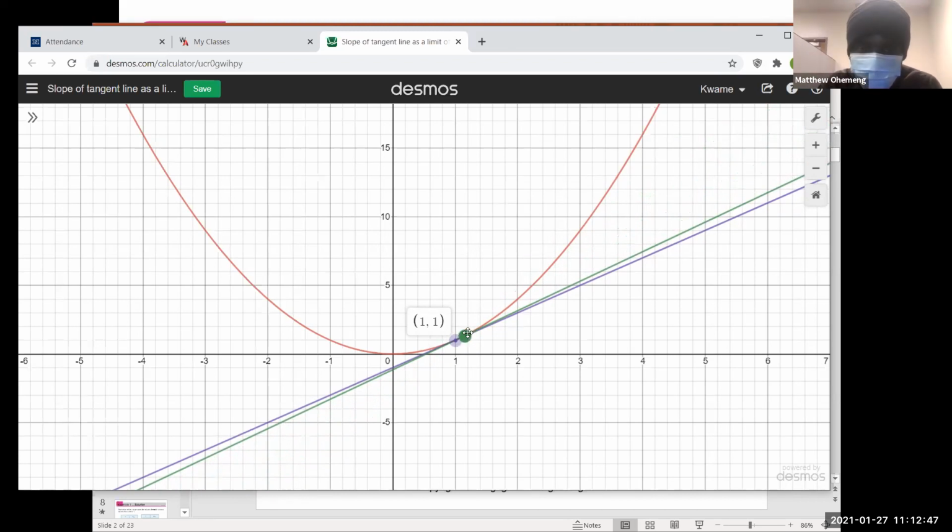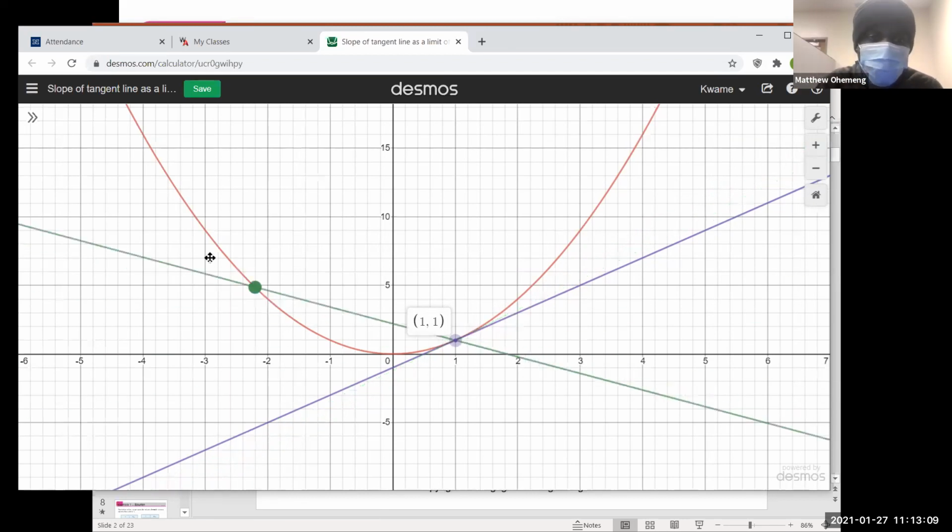And what am I doing? I'm just using ordered pair points that are getting closer to the point where you're interested in the tangent slope, the 1. Get them closer, compute the slopes, and then you can get an approximation for the slope of the tangent line. Now that is doing it from the right. I could also do it from this side.